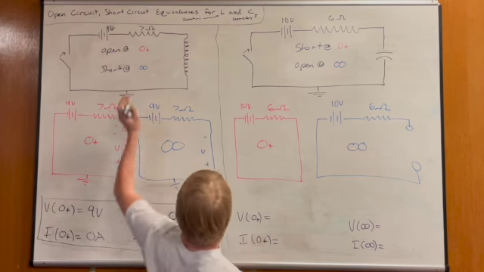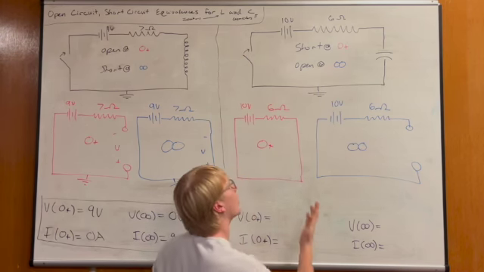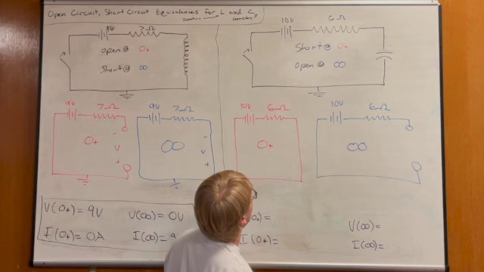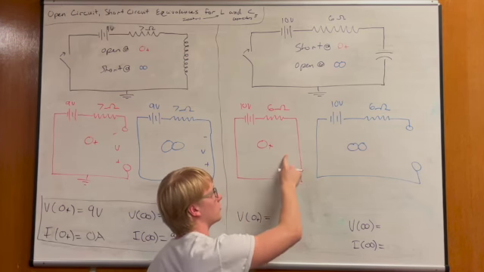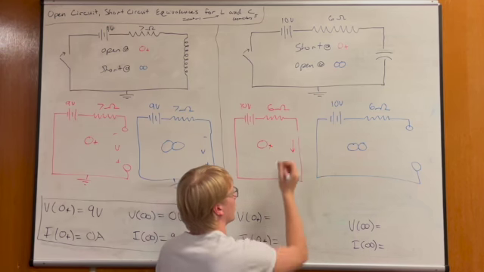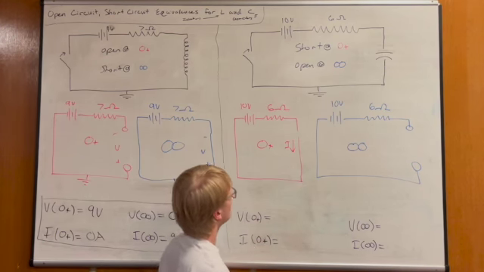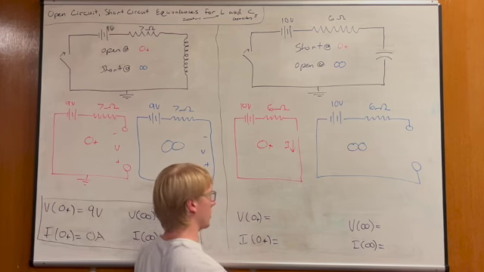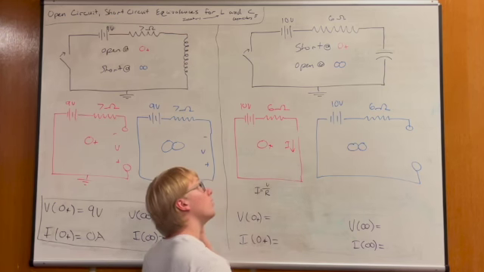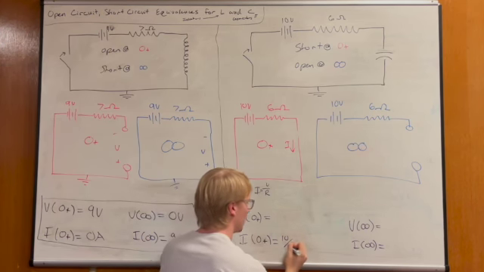Okay, so now we're going to do the same thing with capacitors, except it's a little different, right? Because of the different rules we follow. And so initially it's a short, right? This branch is shorted out, and so we're going to evaluate the current at that spot for the initial value, which is, what we said earlier, I is equal to V over R. So the voltage is 10, and the resistance is 6.